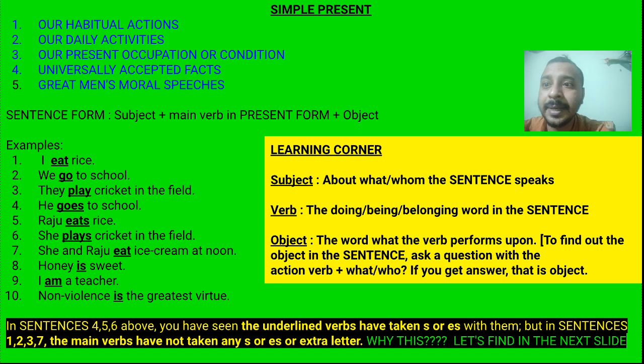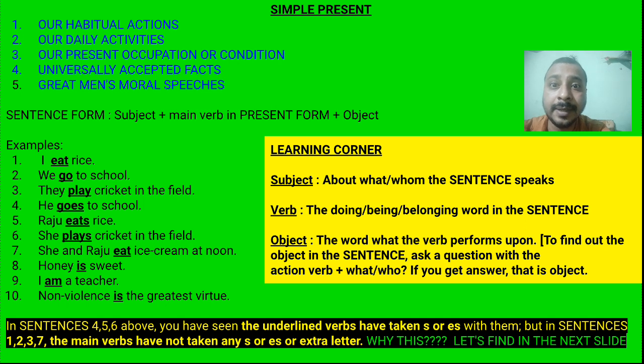But every tense has its own sentence form. Like simple present has its own sentence form, present continuous has another, present perfect continuous has another, all of them have some different sentence forms. Okay, so what is the sentence form?